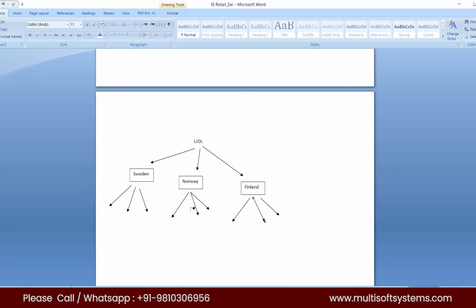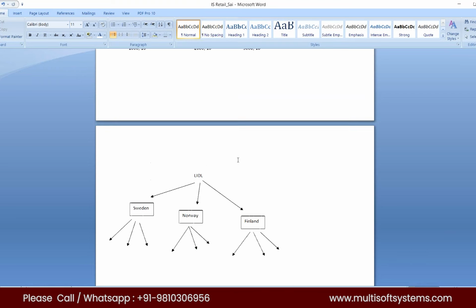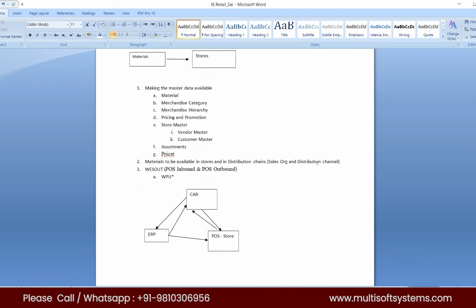So one country can have a single distribution chain, or multiple distribution chains are also possible. Distribution chain is always a combination of sales org and distribution channel. Distribution channel is nothing but how you are going to sell your articles.